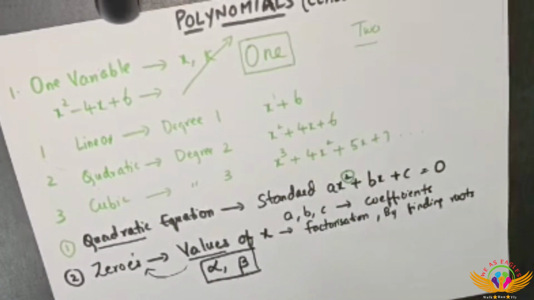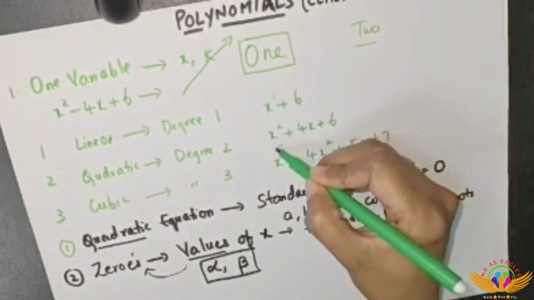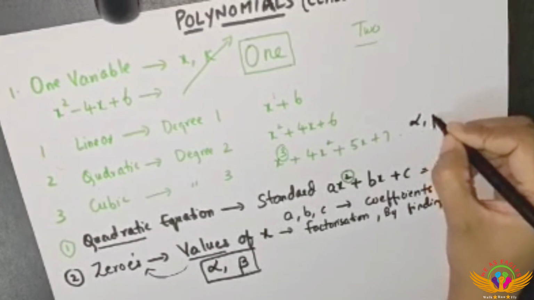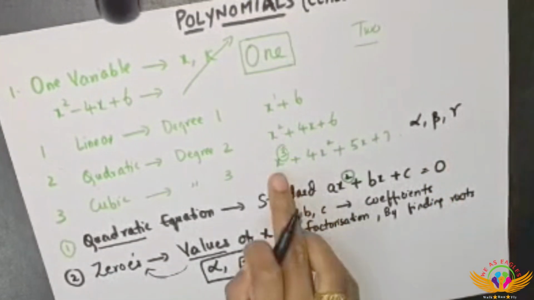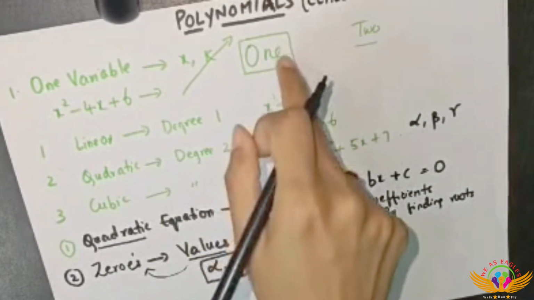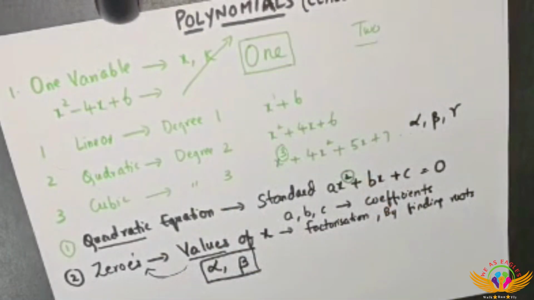For example, if we want the values of x in a cubic polynomial, here the highest degree is 3. Hence the zeros will be alpha, beta and gamma, because we need 3 values of x. This is the most often used term in the chapter polynomials, zeros. Please don't be confused. Zeros are nothing but the values of x.